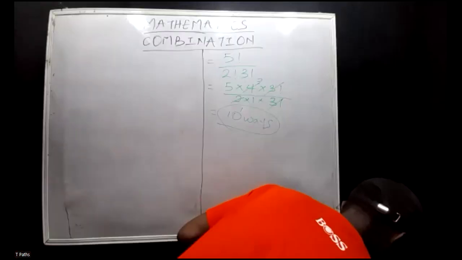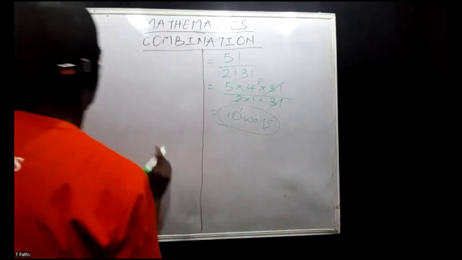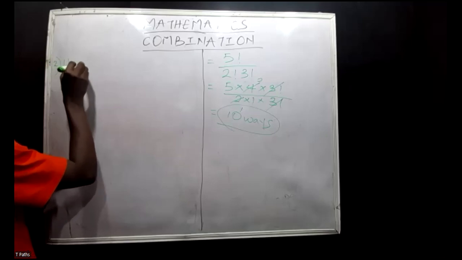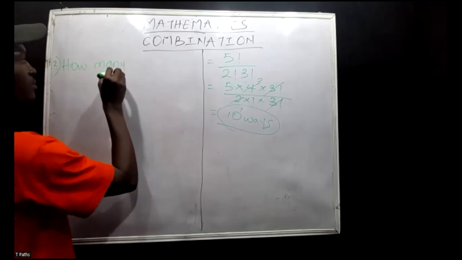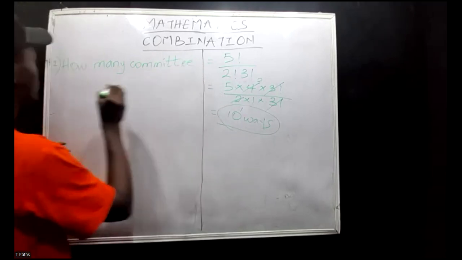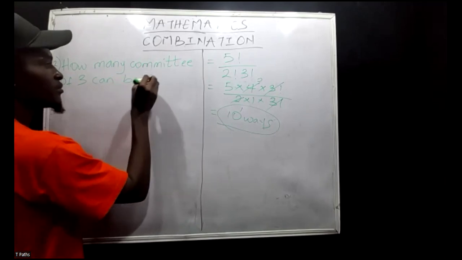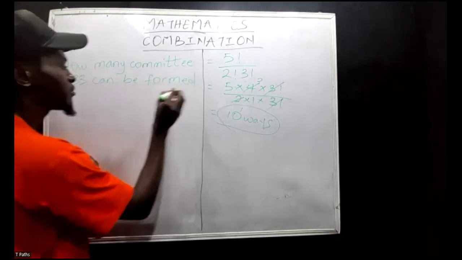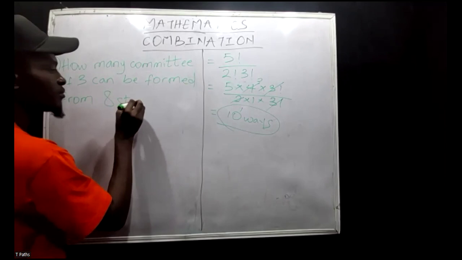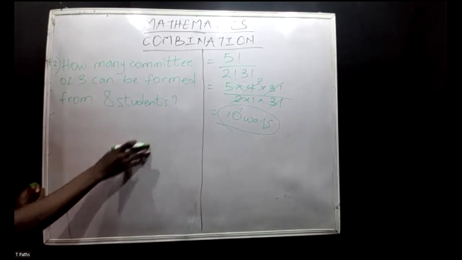Right, so let's look at the second one. A class activity: how many committees of three can be formed from 8 students?